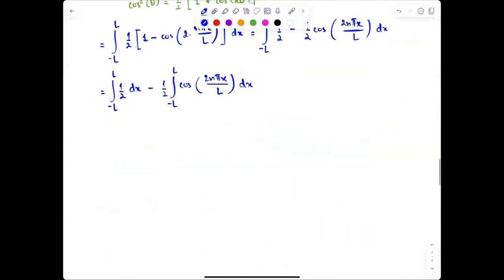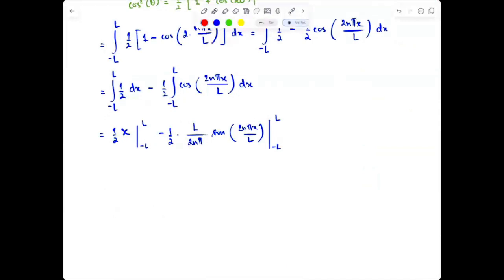So here you get 1/2 times x, evaluated at negative L and L, minus 1/2 times L over 2n pi times sine of 2n pi x over L, evaluated at negative L and L.